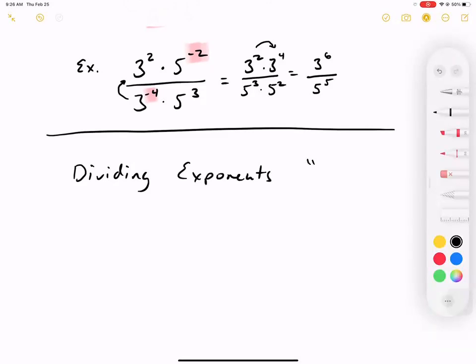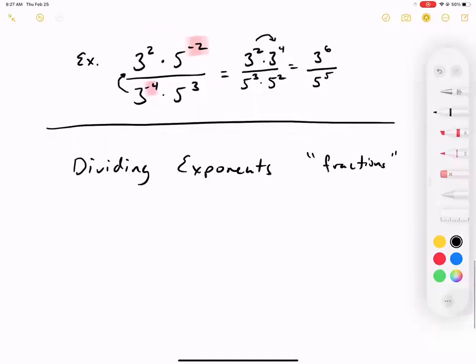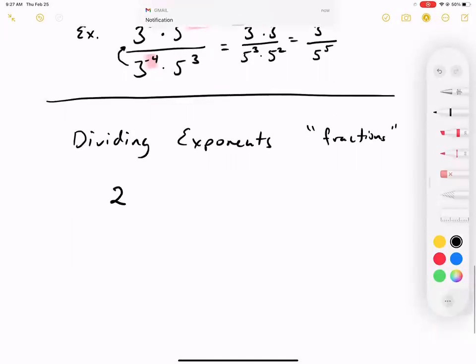And this pretty much looks like fractions, like what we've been doing already. So the idea here is I'm going to give you any type of exponent, and we're going to see how these exponents combine. So let's do something easy. Let's do 2 squared over 2 cubed. How do these divide?